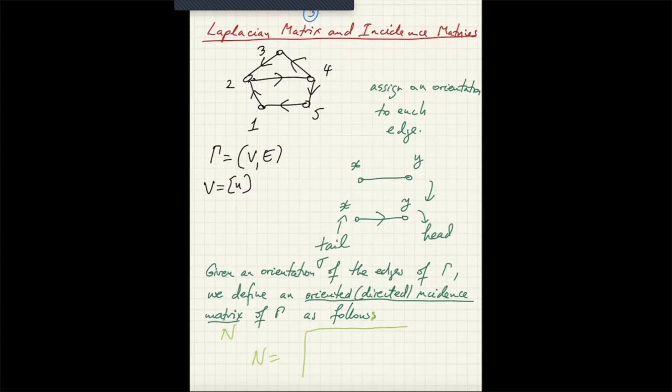So this matrix N has as rows the vertices, and columns are the oriented edges. So in our example here, this N will have the rows 1, 2, 3, 4, 5.